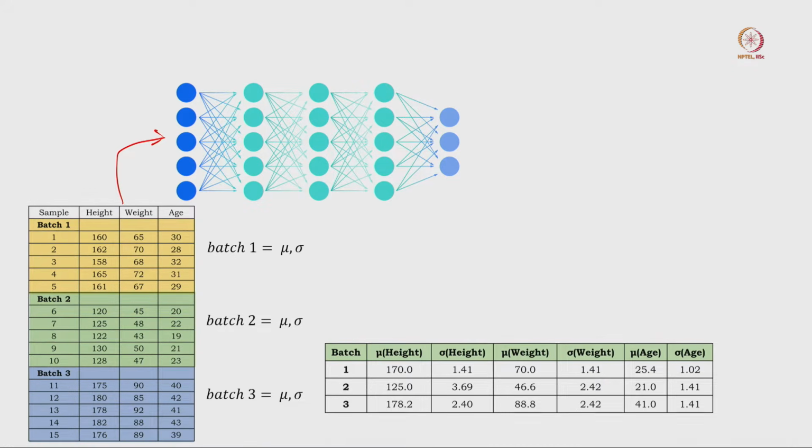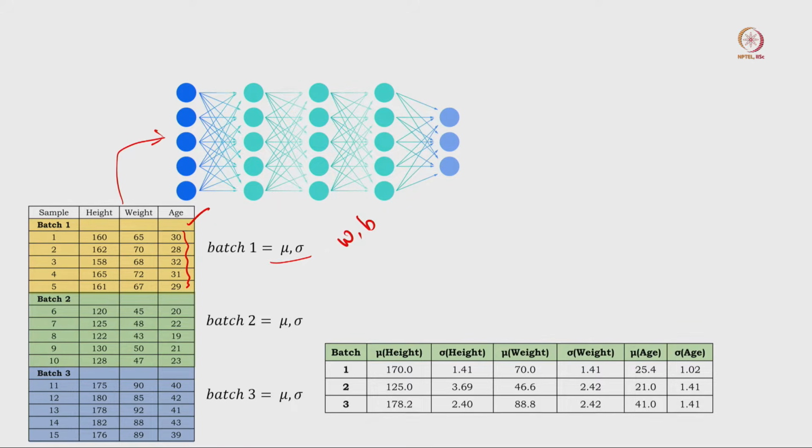We know that during backpropagation, the model learns the weights and bias based on the current pattern of this data. The model adjusts its parameters, the weights and bias, to fit this particular mean and standard deviation, correct?